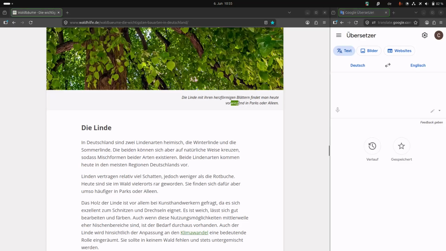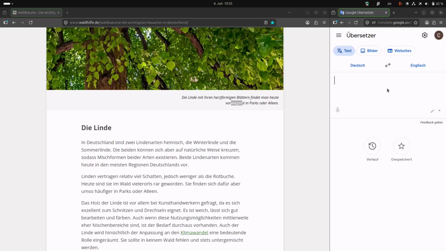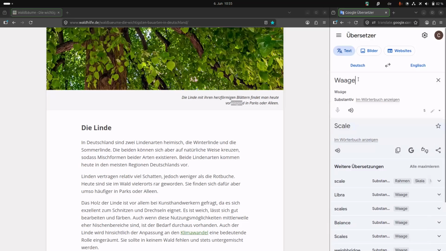Vorwiegend is a very visual word, but more a word that probably evolved over time, because it derives from the word wiegen, which means to weigh, because this also relates to the word Waage, which is scale. It's also an astrological sign, I don't know what it's called in English, but it's basically a scale.